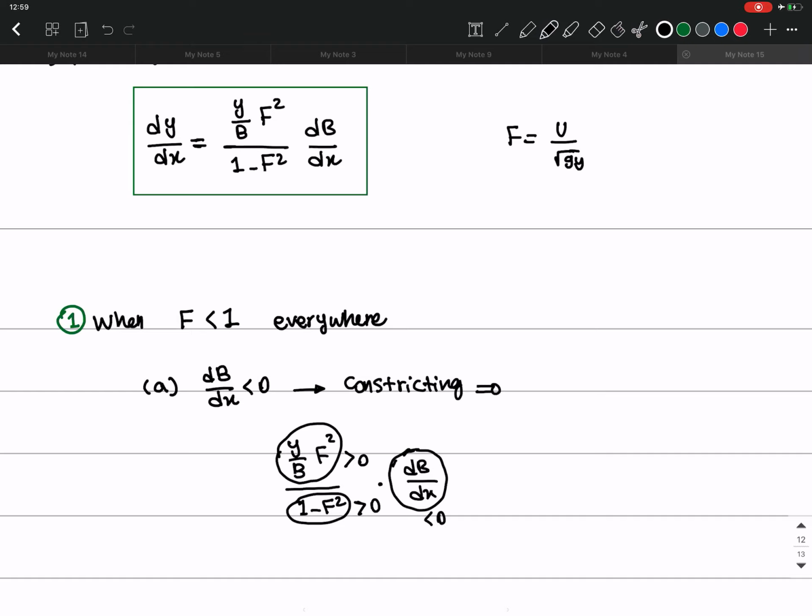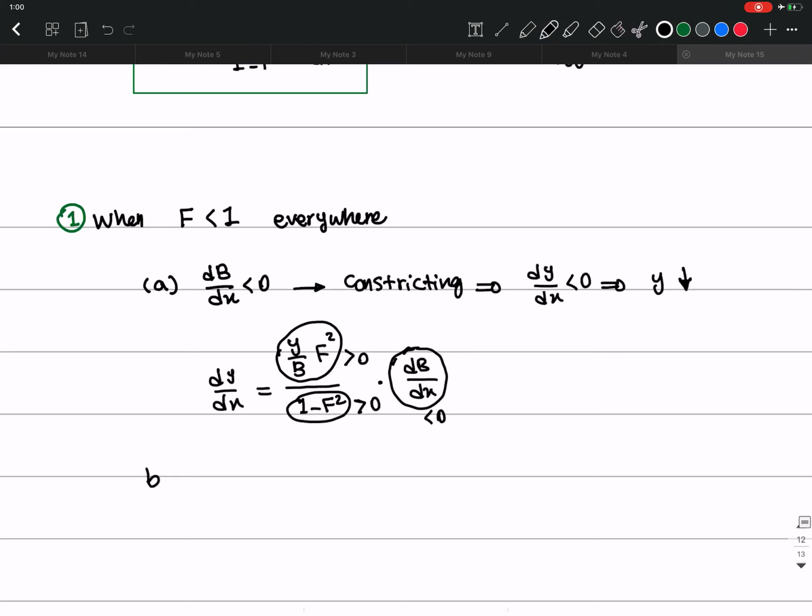This is a negative term. So dy over dx should be smaller than 0, or negative, meaning that the depth of the flow has to decrease as it goes over this constriction. Okay?